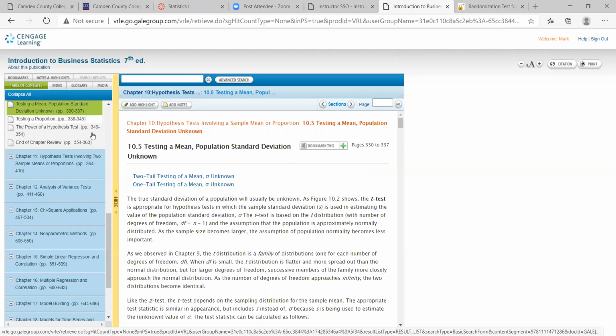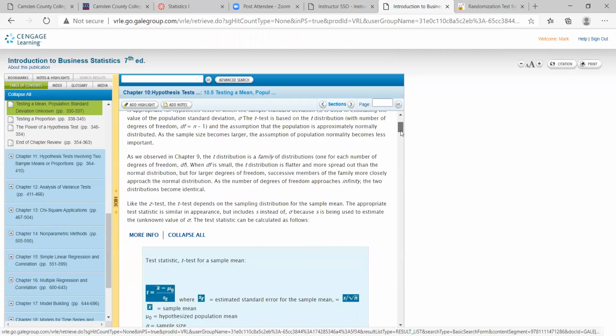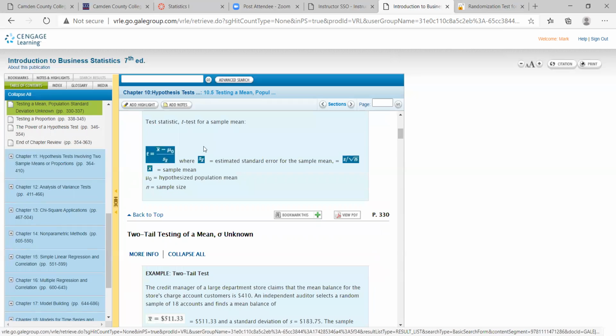Yeah, this section here. If we don't know the population standard deviation, then we have to replace it with S, right? And we use the t-score formula. The t-score has the same numerator. And notice that in the numerator, what are we subtracting from the sample mean?